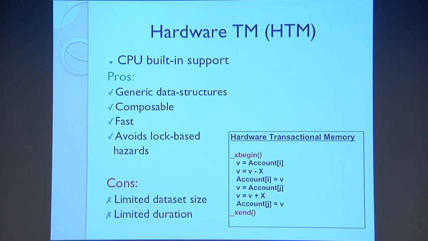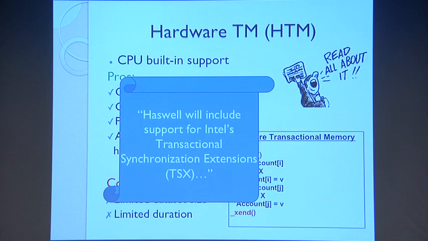So this was all nice. This was in '93, as I said. But it's nice to know that Intel, for example, said in 2012 that Haswell will include support for Intel's Transactional Synchronization Extensions, TSX, which is basically what Herlihy and Moss did, but in a different manner.